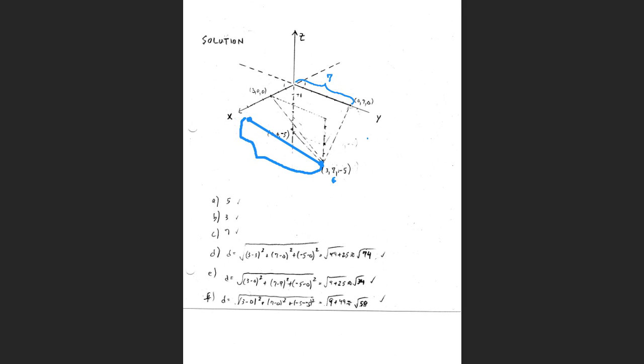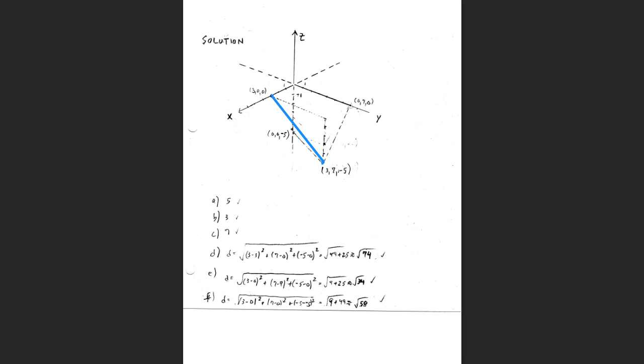Yes. Okay. Now let's do part D. D says what's the distance from this point here, (3, 7, -5), to the x-axis. Well, here's the x-axis. So that distance for part D is this distance, right?